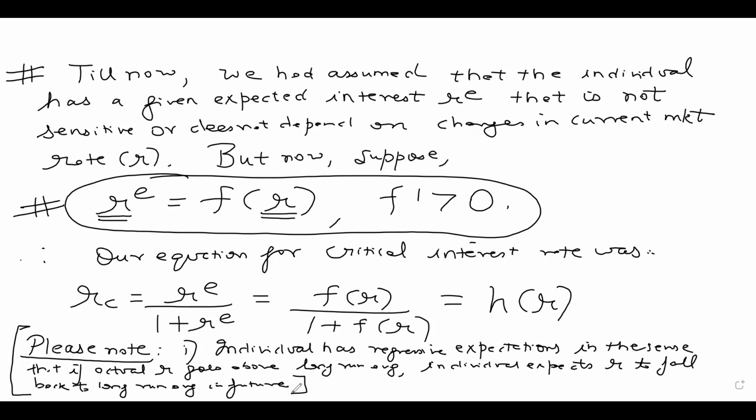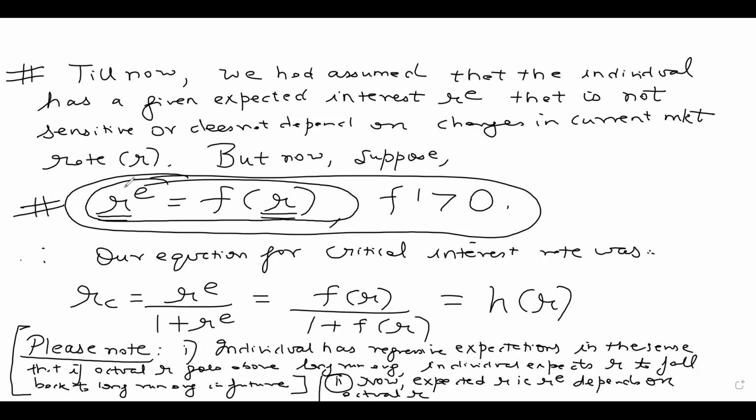Another concept, point 2, is that now the expected R, that is RE, depends on the actual R. When R goes up, the individual expects the expected rate of return also to go up. Point 1 and point 2 are completely different concepts.